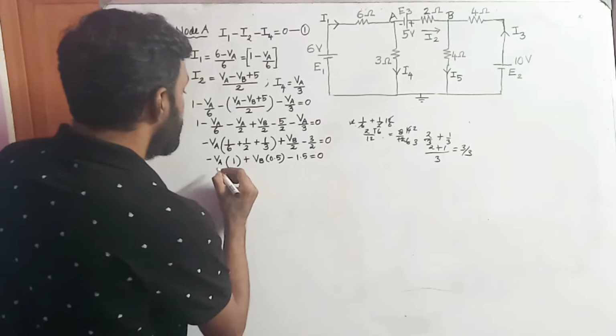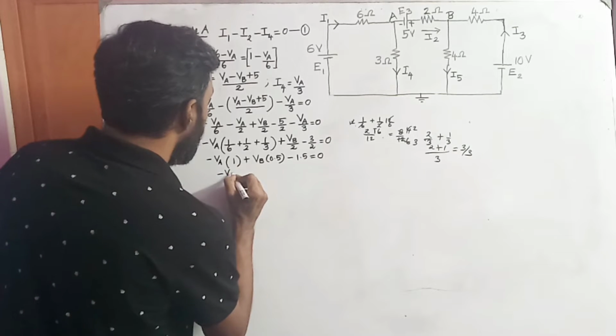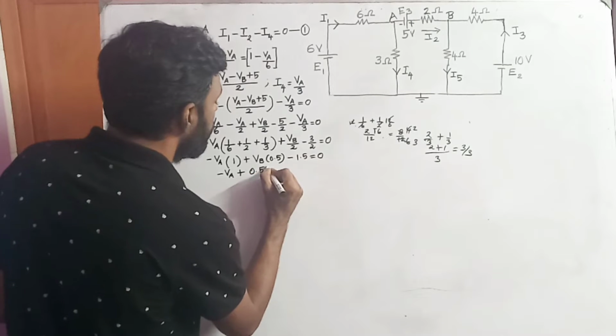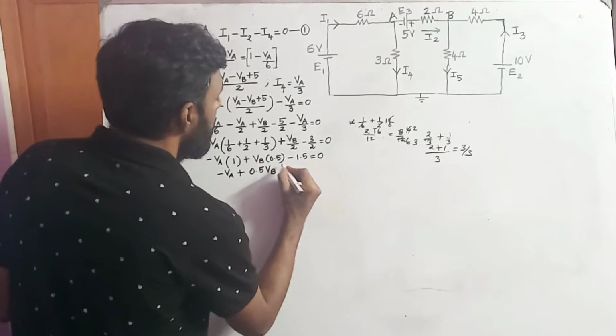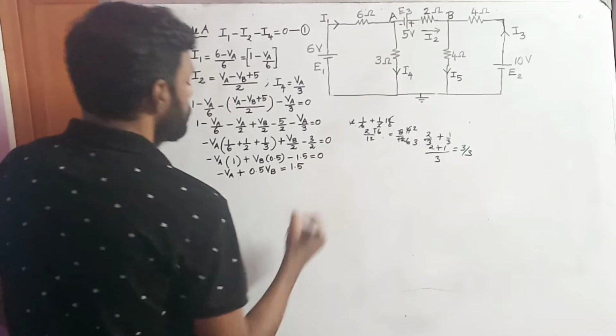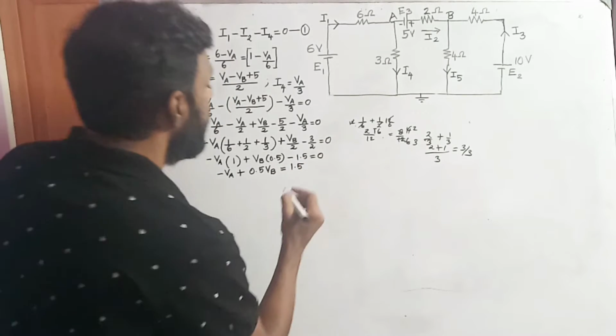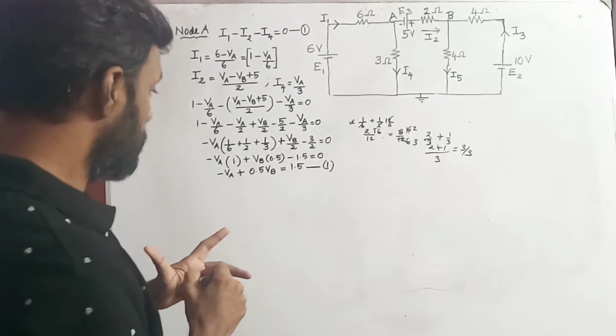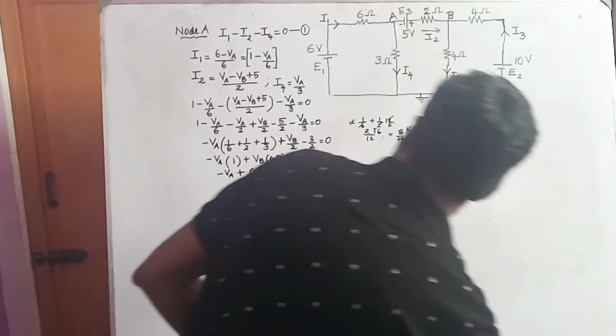So this one will be minus VA plus 0.5 VB equal to 1.5. So this is equation number 1.